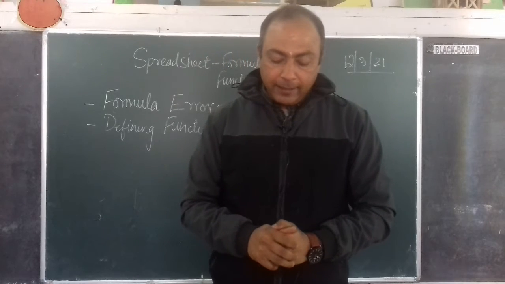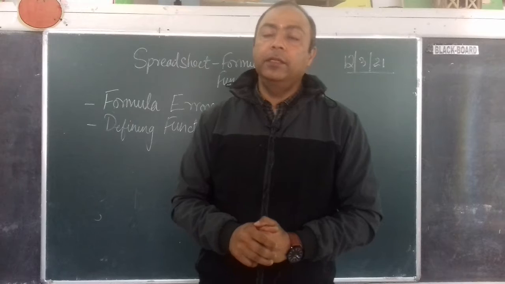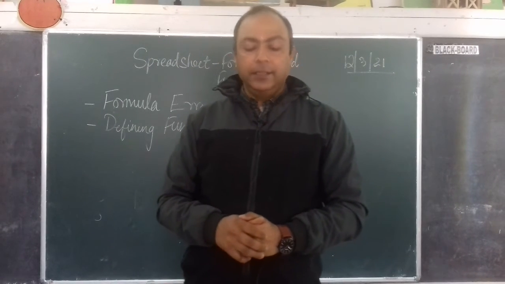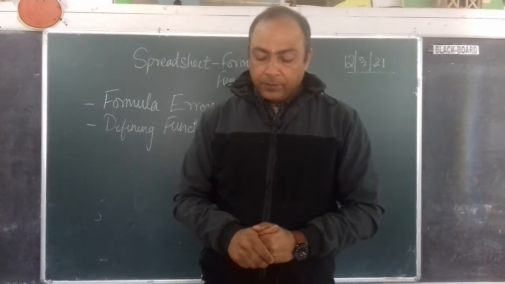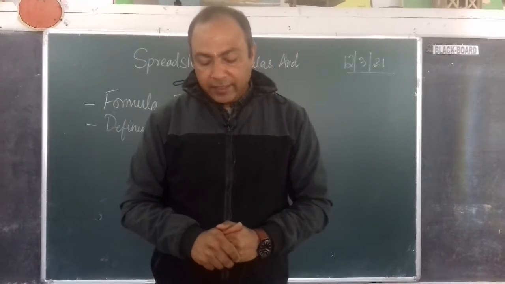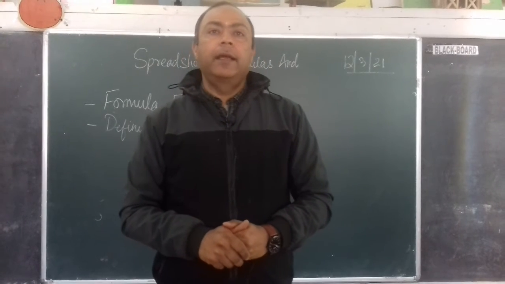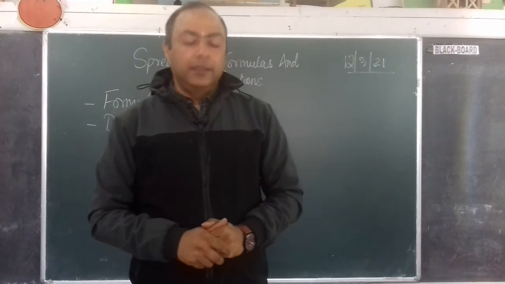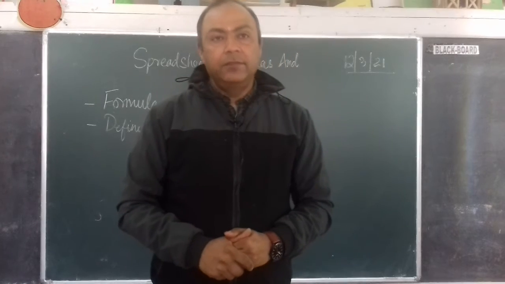So when the number in the cell is divided by 0, then you will get the division error. So you have to ensure that the cell with 0 value is changed to the required value or enter a value in the empty cell. So if you write the formula dividing by 0, then you will get the division error.